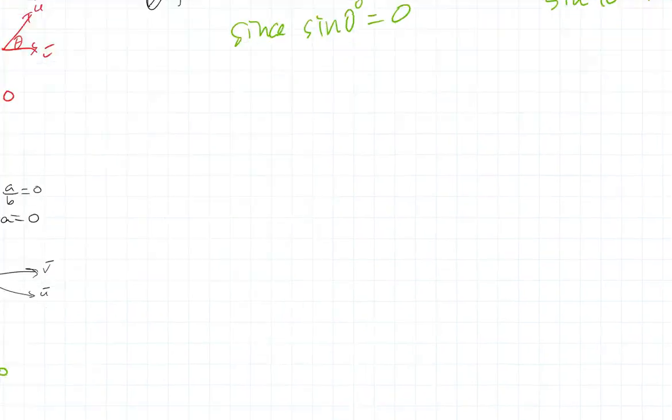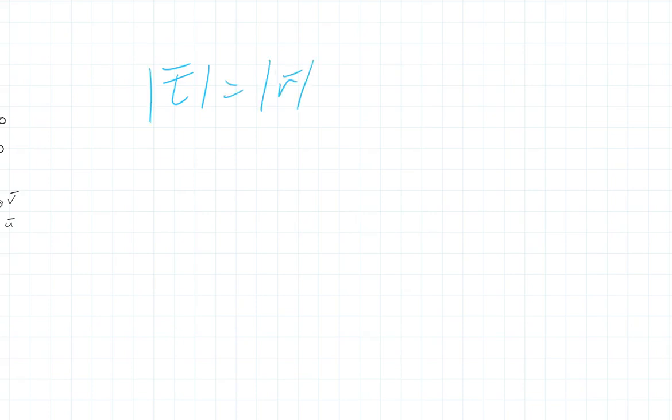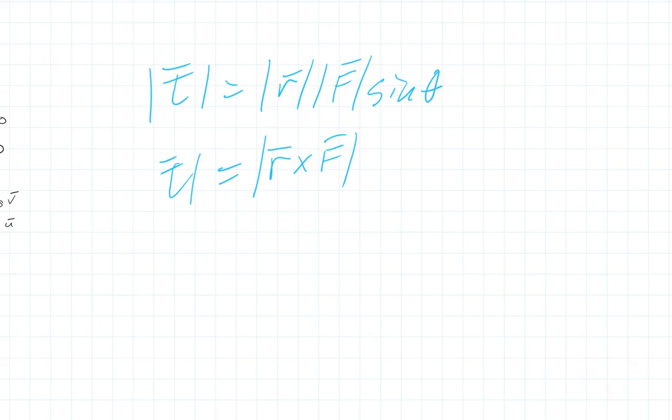Now, let me rewrite what I had there, so it was all gibberish. So the torque, the magnitude of it, is the magnitude of R times the magnitude of F times the sine of theta. But we know from before that this is just R cross F in magnitude. And so that's the magnitude of the torque.